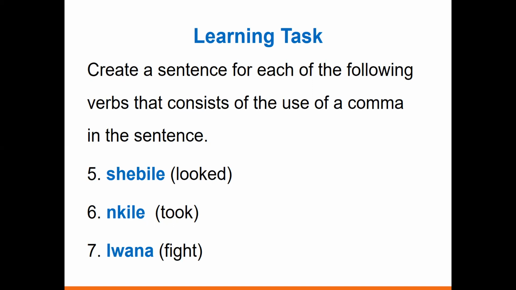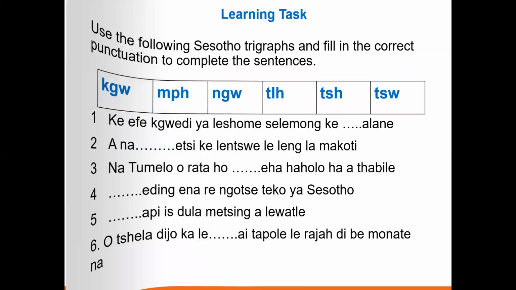Me, however. And then impa, but, and then another one there, hubane, which is because. So in this particular example, I refer to verbs. Shebile in the sentences, shebile, nkile, luana.